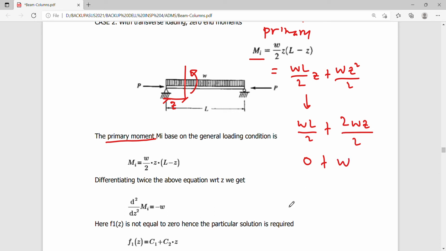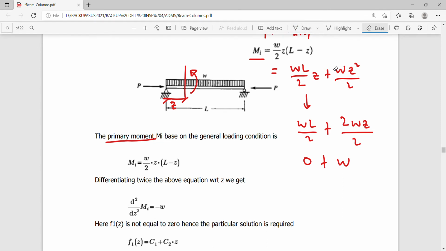Okay, I'm sorry, this is negative. This is minus z squared, so this must be negative. So if I take the derivative of this, it must be negative. That's why you have a negative sign there.